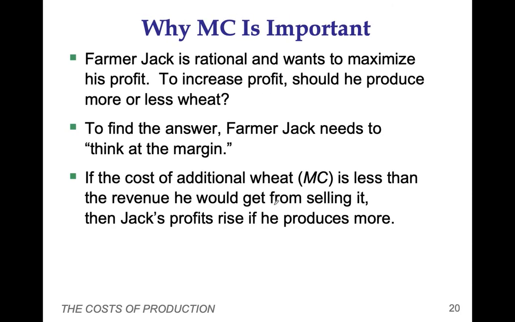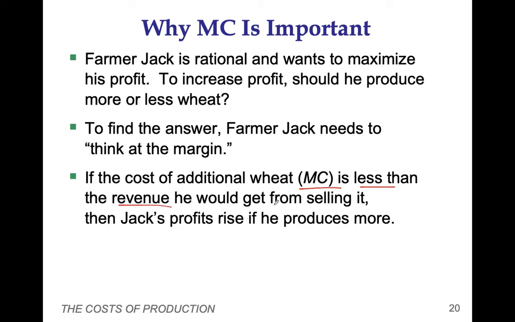Okay, if it is the opposite, if the cost of that additional unit of output, that additional bushel of wheat, is higher than the revenue he can get from selling that bushel of wheat, so here he compares the costs are higher than the revenue, he will find that his profit will actually decrease instead of increasing.